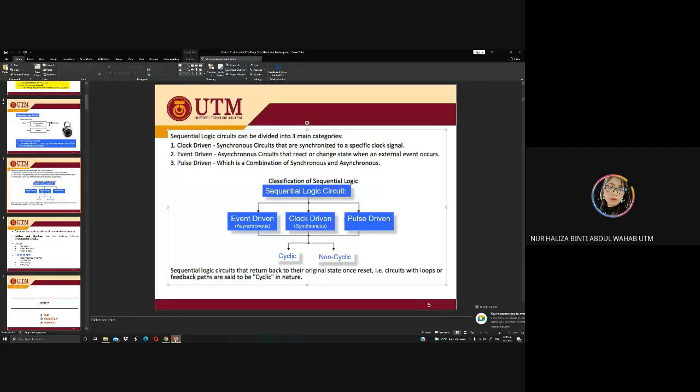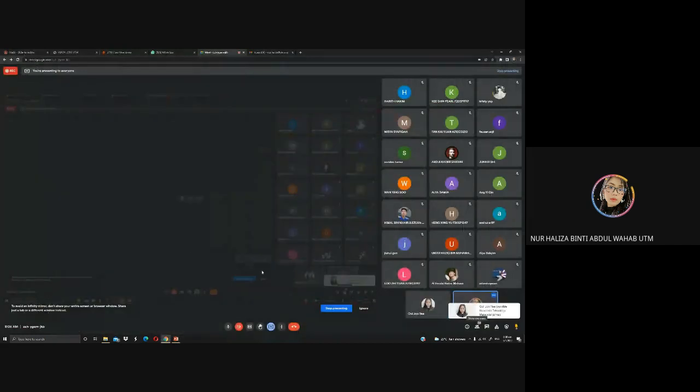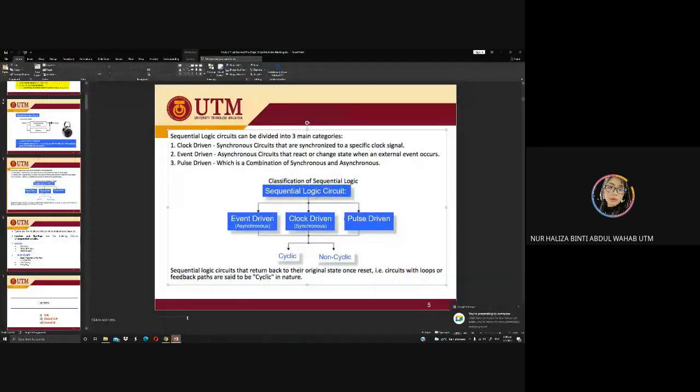We can categorize them into three, which is event driven, clock driven, and pulse driven. We have event driven for asynchronous, clock driven for synchronous, and pulse driven is the combination between event and clock driven. And clock driven still can be categorized into two, which is cyclic and non-cyclic.